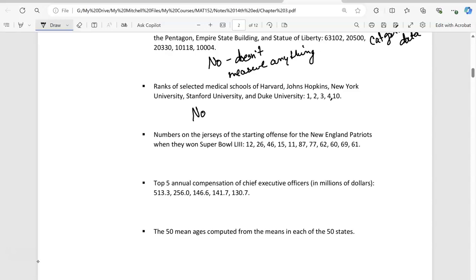This is ordinal level of measurement. It was a way to rank them, but if I were to take all those rankings and add them and divide by the number of rankings I have, it's not going to mean anything. Why? Because we don't measure anything.